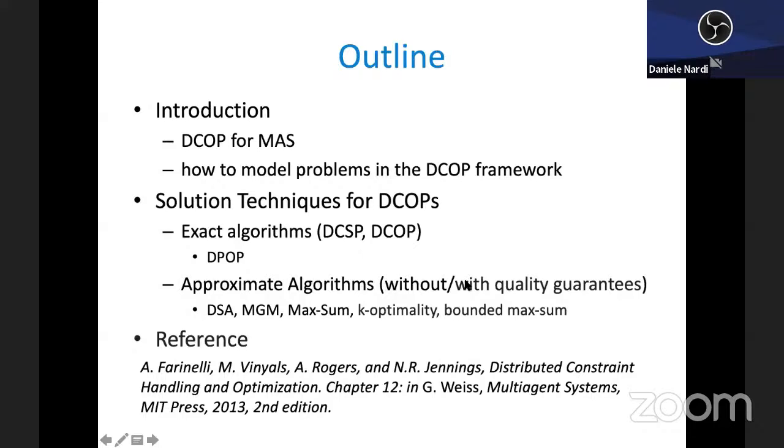So this is particularly important. For this part, we have specific material. It's actually a chapter of a book that you can download from the course website. And we will not cover all the chapter, but we will go to some detail in this algorithm for distributed constraint optimization. Okay.